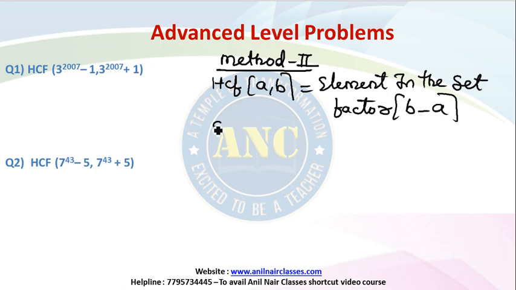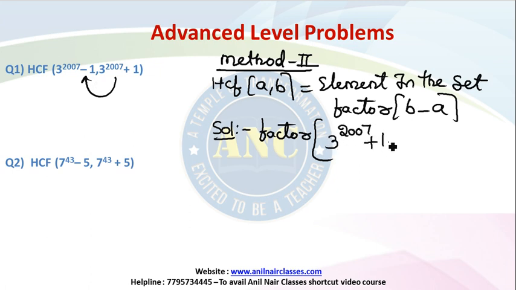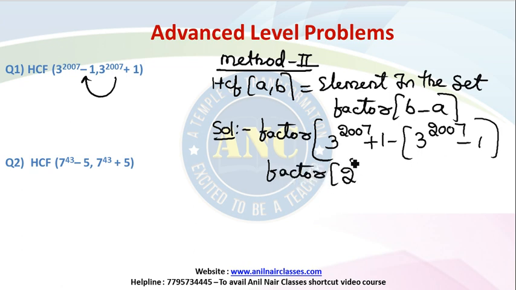So let me take the solution. Factor of B minus A: this minus this, 3 power 2007 plus 1 minus 3 power 2007 minus 1, will become factor of 2.